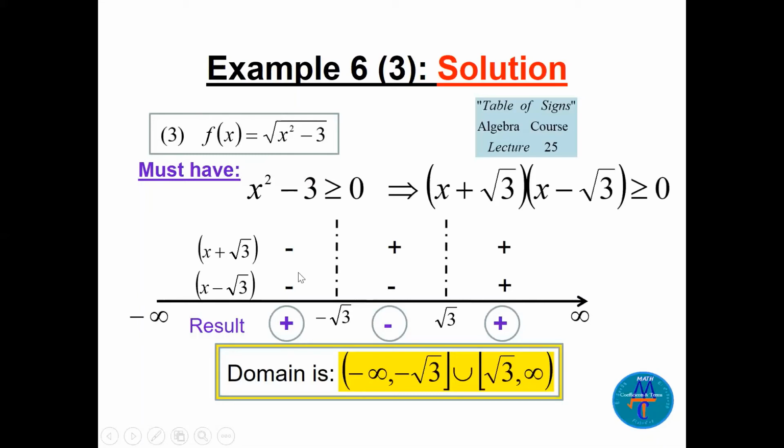So when I multiply, I get plus here. Plus and minus, it will be minus. I choose the positive. So from minus infinity to minus square root of 3 closed, union square root of 3 closed to infinity. See, that's not an easy answer for number 3. Number 1 was easy because the inequality was linear.